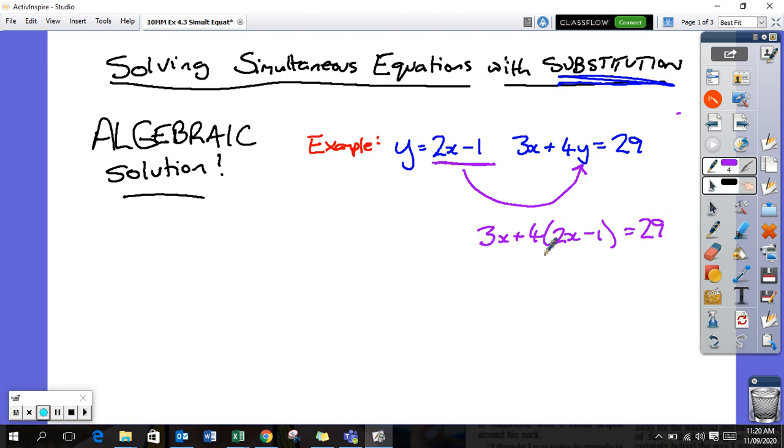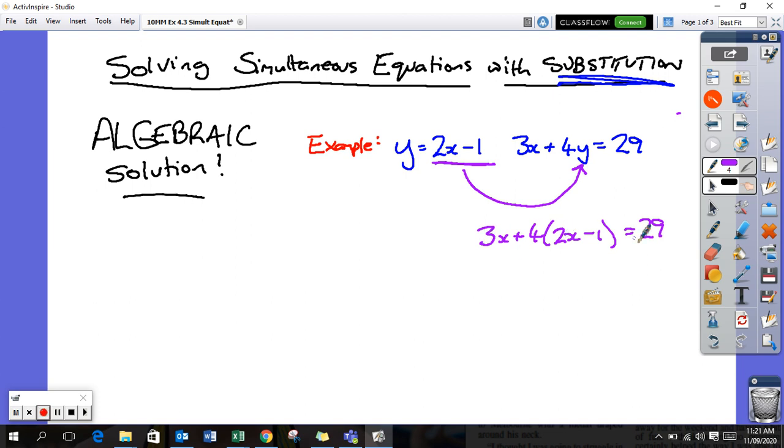Okay, now the reason we have to do that, and the reason why we need two equations to solve these, is we can't solve for just one variable. When we've got two variables, we need more than one equation, the x and the y. So what we're doing here is saying y is 2x minus 1. So instead of 4 times y, we're putting 4 times 2x minus 1.